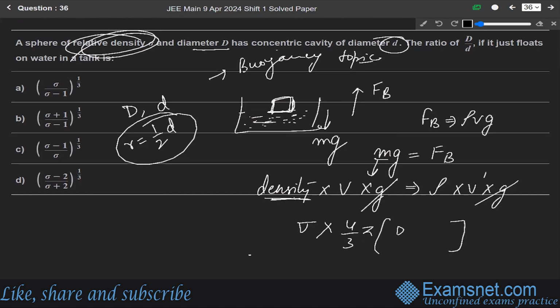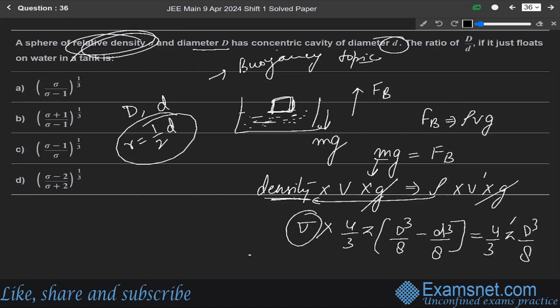So here we will write D cube over 8 minus d cube over 8, times pi, and it will be equal to the density. That is why it is making sigma, and the volume V dash is 4/3 pi D cube over 8.